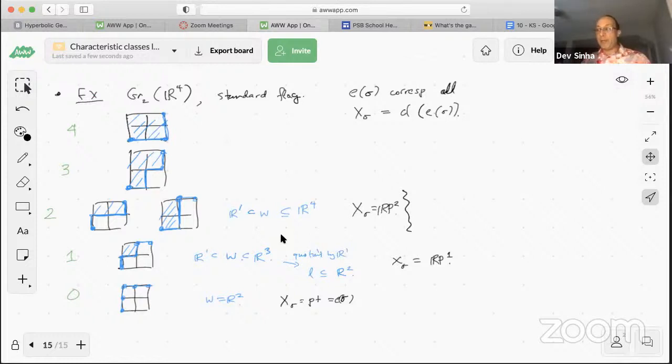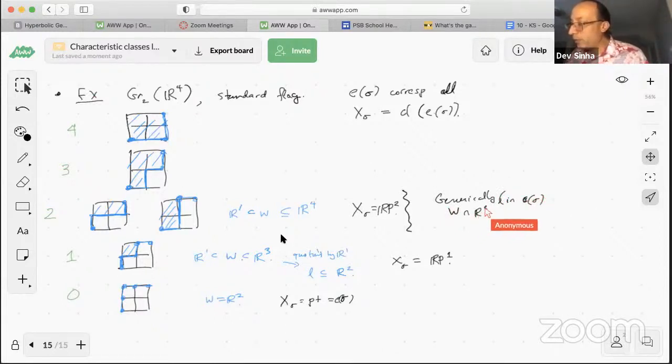So I have a line. So generically, in the interior of the cell, W intersect R2 is an L1.